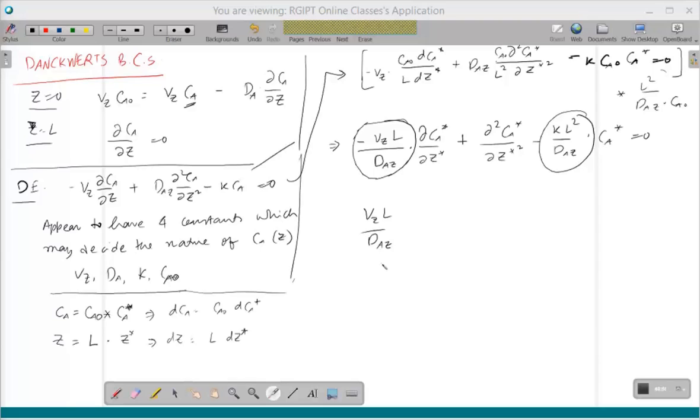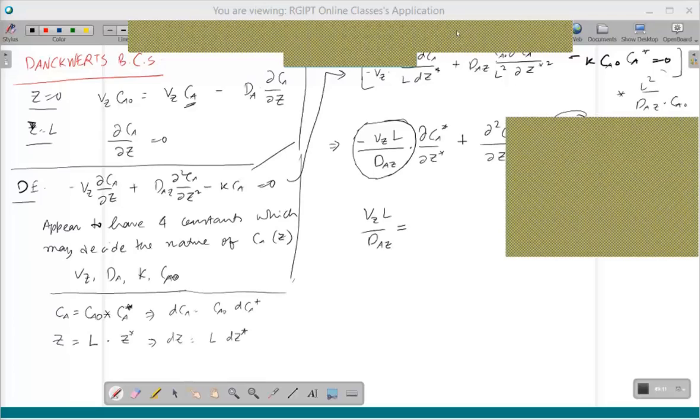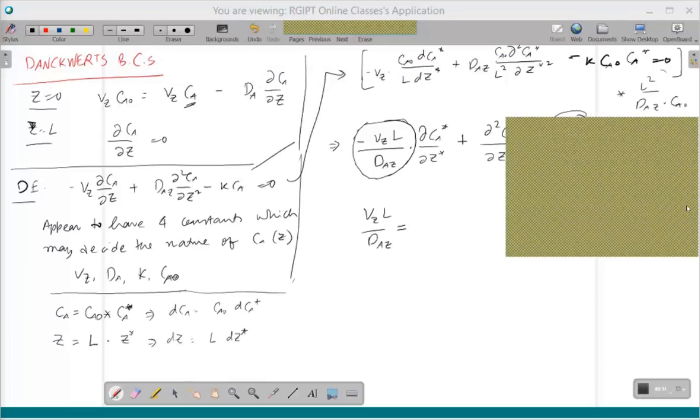All right. So now this quantity, anyone knows what is this called? Velocity into length divided by diffusivity. Anyone knows? You guys have appeared for GATE recently. You must know this thing.